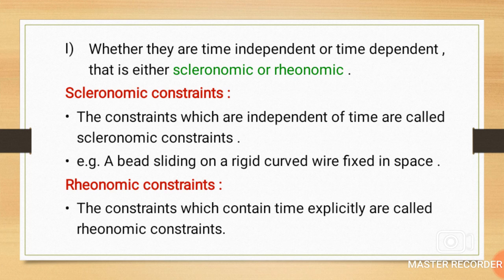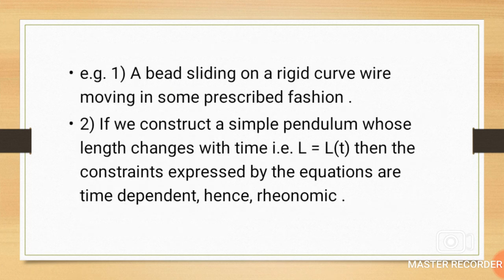The first example is a bead sliding on a rigid curved wire moving in some prescribed fashion. In the scleronomic constraint the example is the same, but the rigid curved wire is fixed in space, whereas in the rheonomic constraint the rigid curved wire moves in some prescribed fashion, so it must include the parameter time, so it is a time dependent constraint.